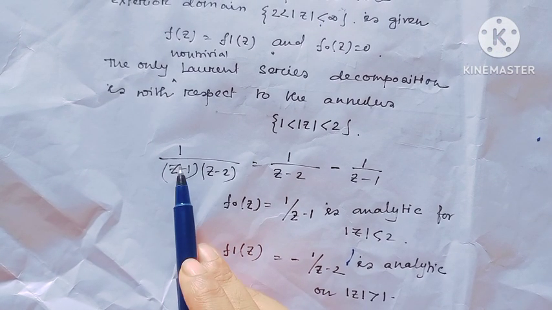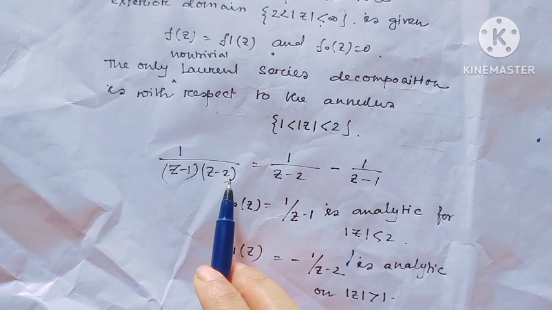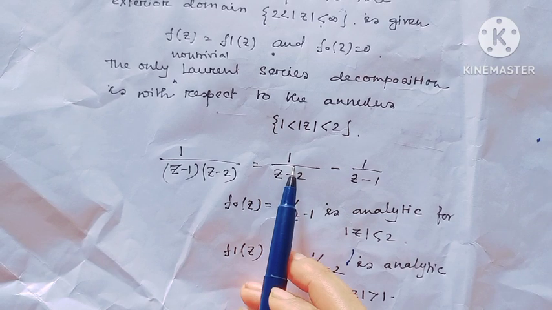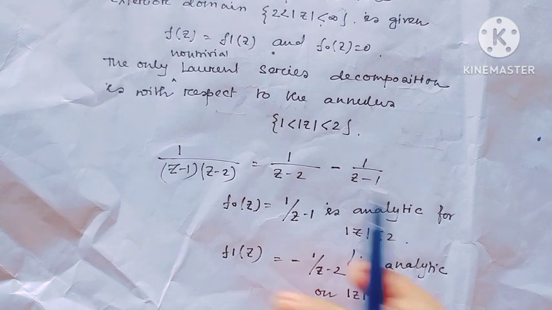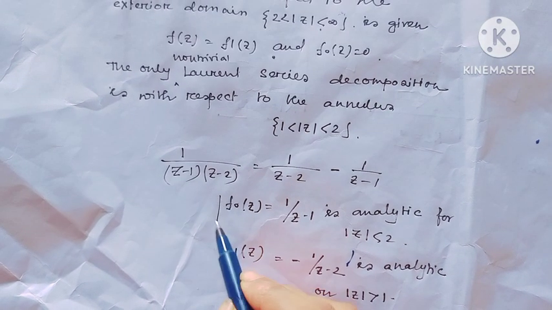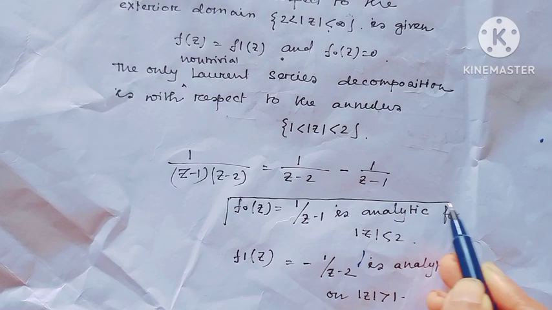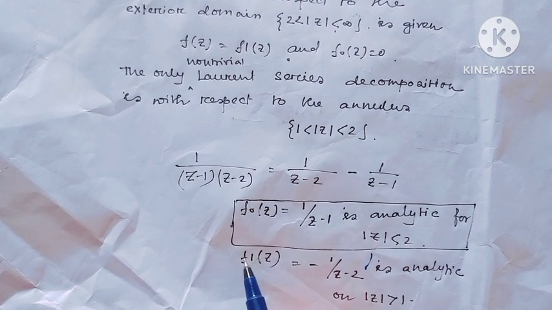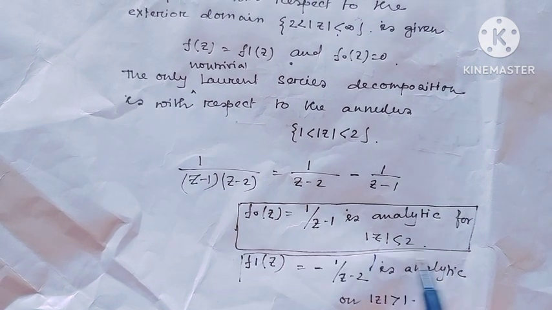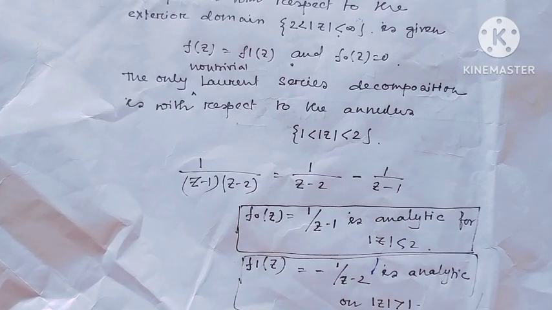1 over (z minus 1) times (z minus 2). We can write this as 1 over (z minus 2) minus 1 over (z minus 1). Here f0(z) equals 1 over (z minus 1), and consider f1(z) equals 1 over (z minus 2).